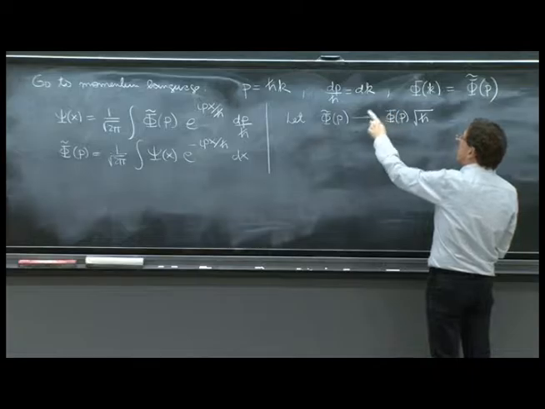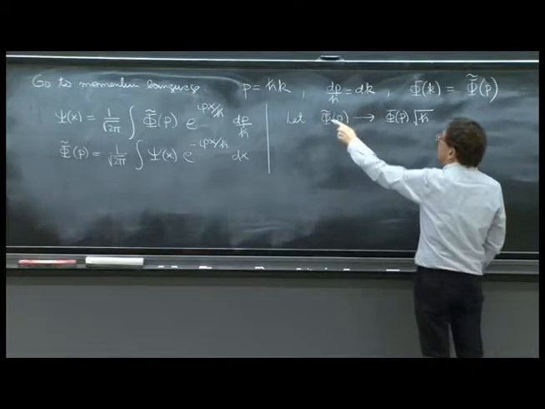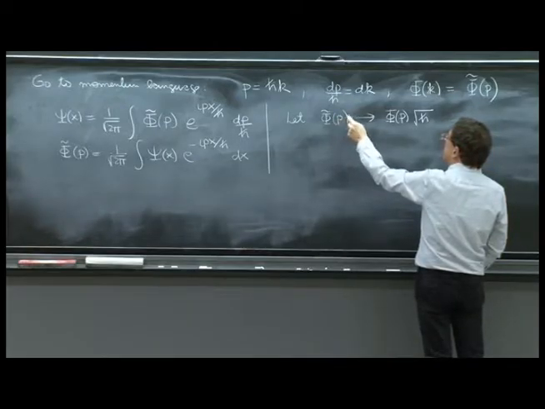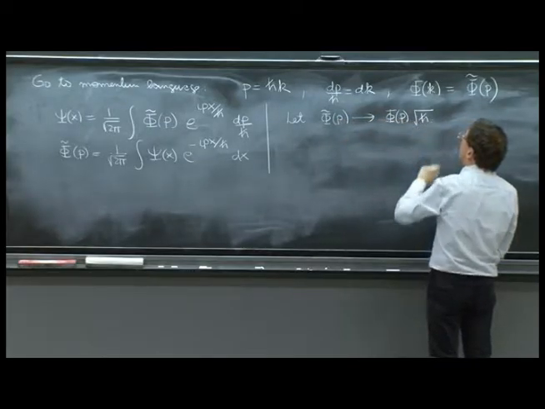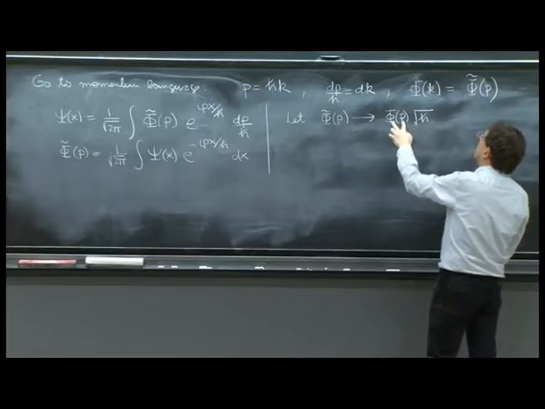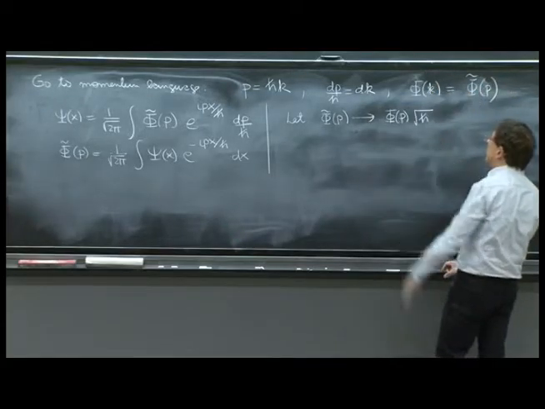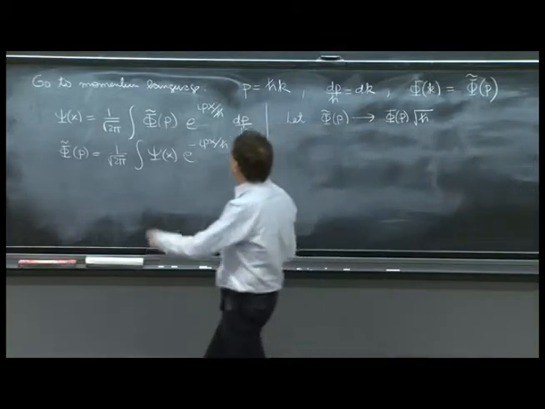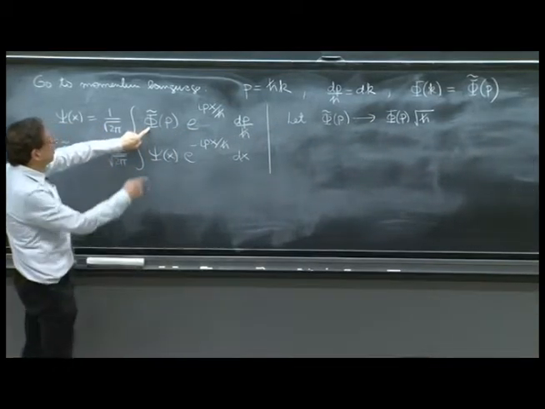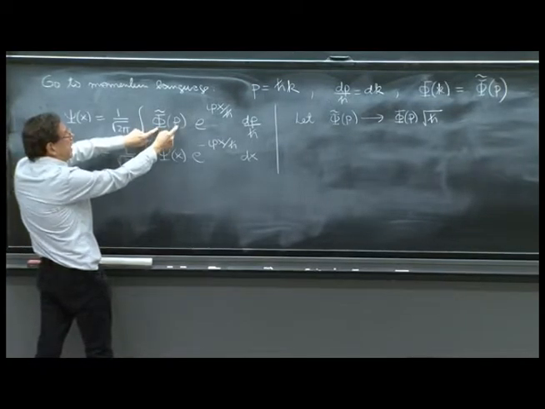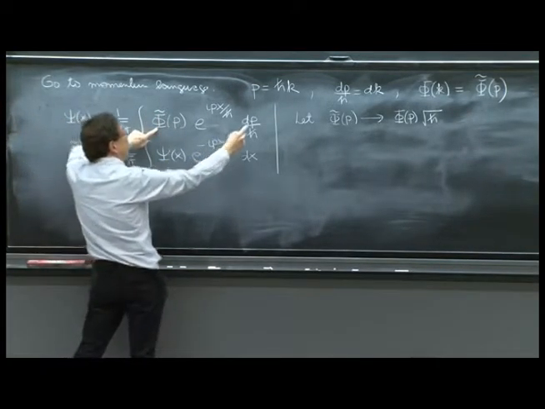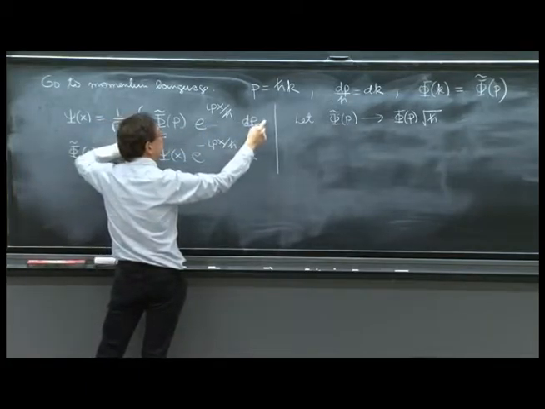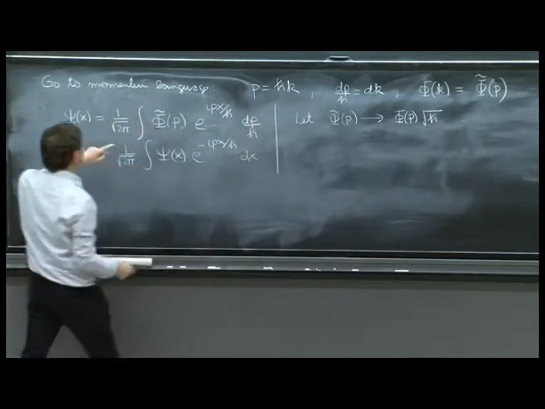And one thing I did, I decided that I don't want to carry all these tildes all the time. So I'm going to replace phi tilde of p by this phi of p. And that shouldn't be confused with the phi of k. It's not necessarily the same thing, but it's simpler notation. So if I do that here, you will have a phi of p, no tilde, and 1 over square root of h bar, because there will be a square root of h bar in the numerator and the h bar there.